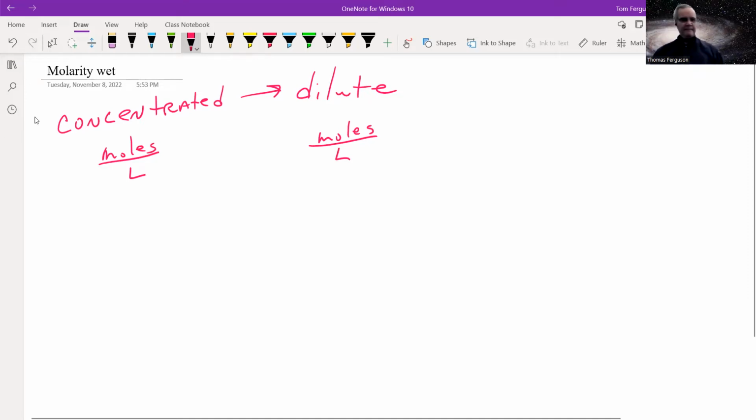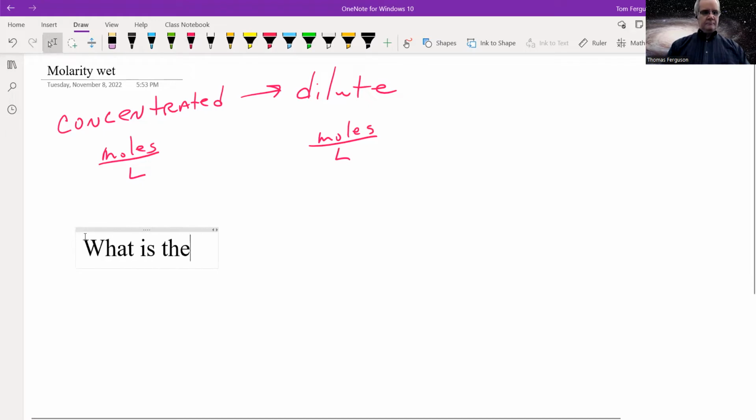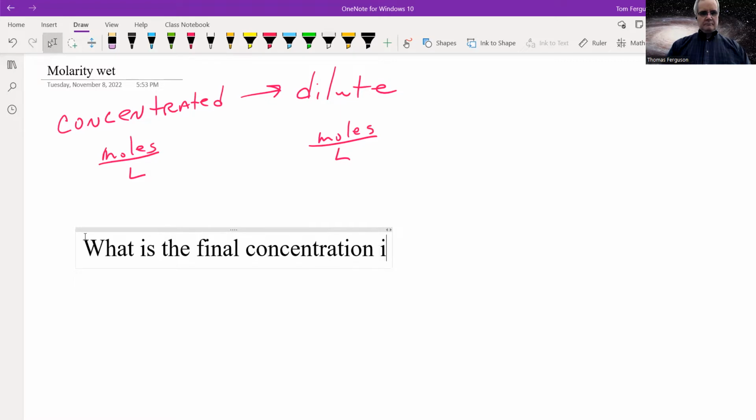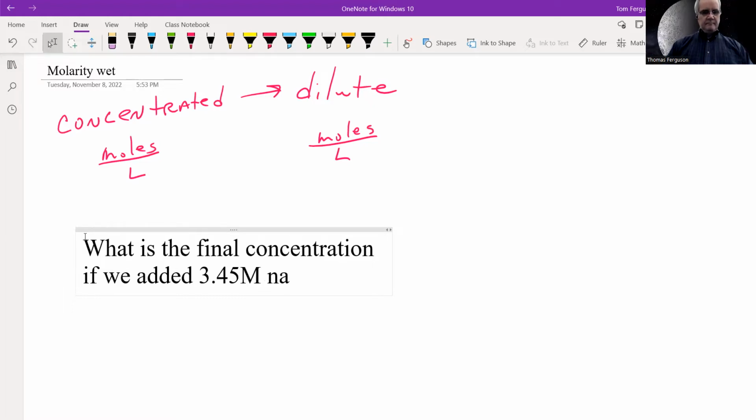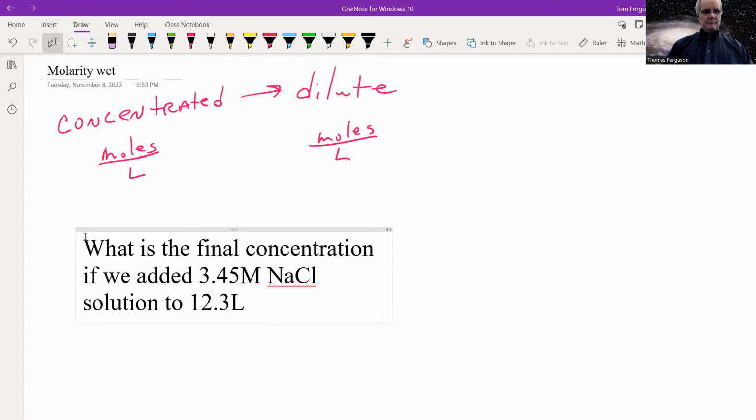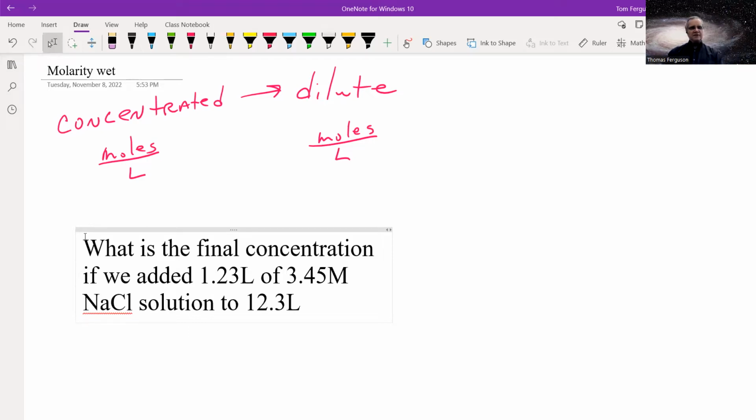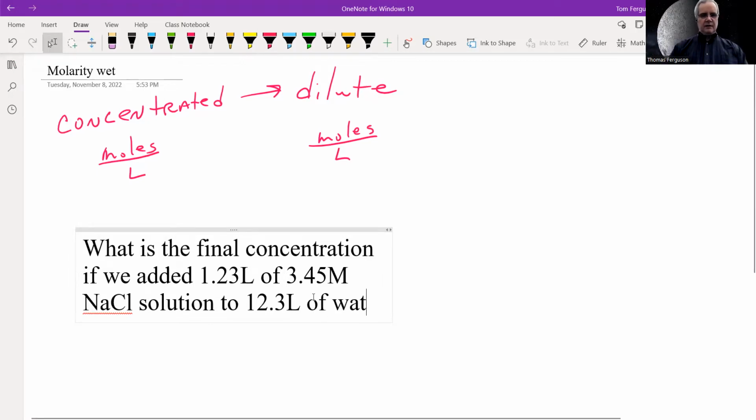So for example, a problem could be: what's the final concentration if we added 1.23 liters of 3.45 molarity sodium chloride to 12.3 liters of water?